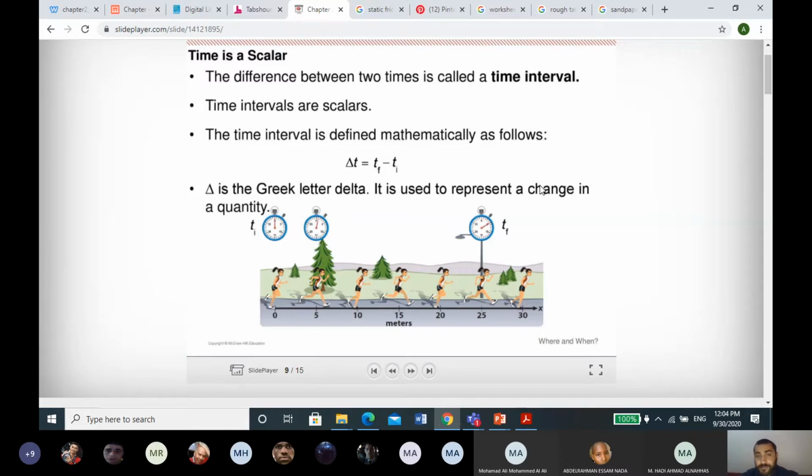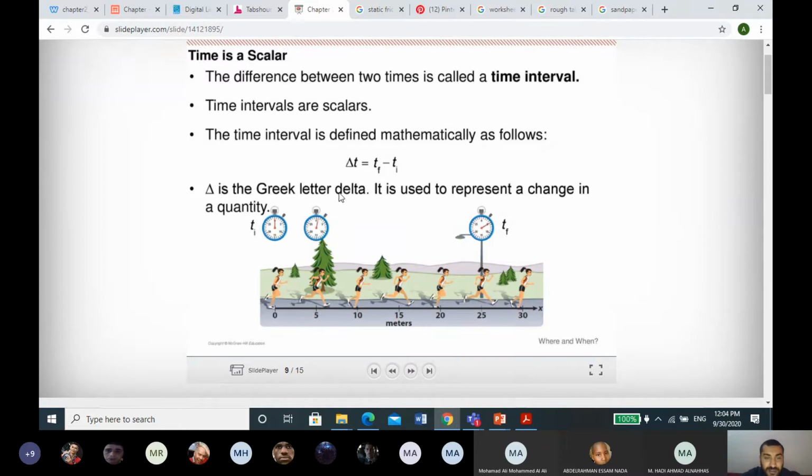We call it delta t. So delta t is equal to t final, that is 12, minus t initial, that is 7. So 12 minus 7 gives 5 hours.